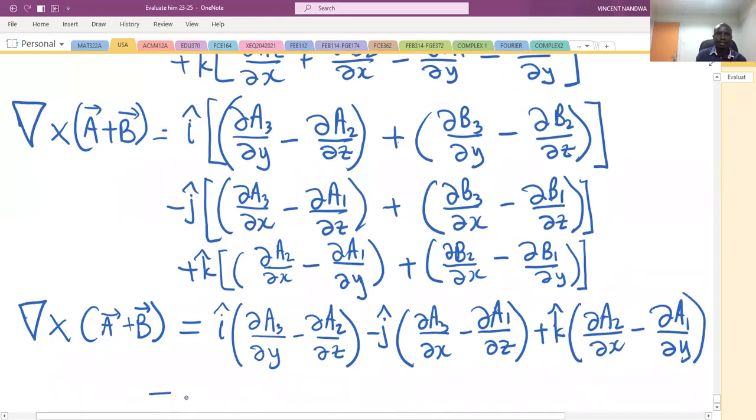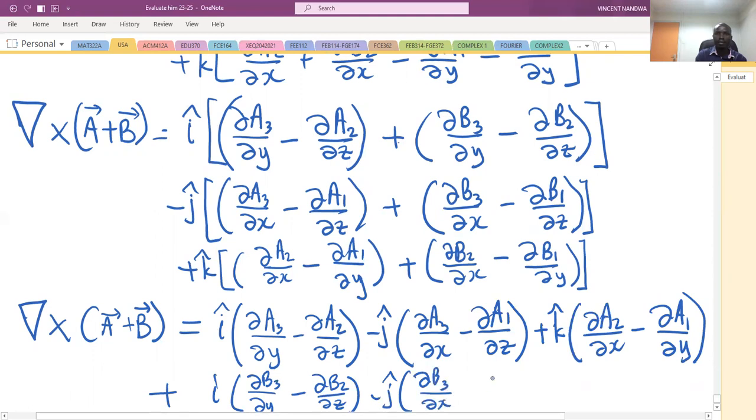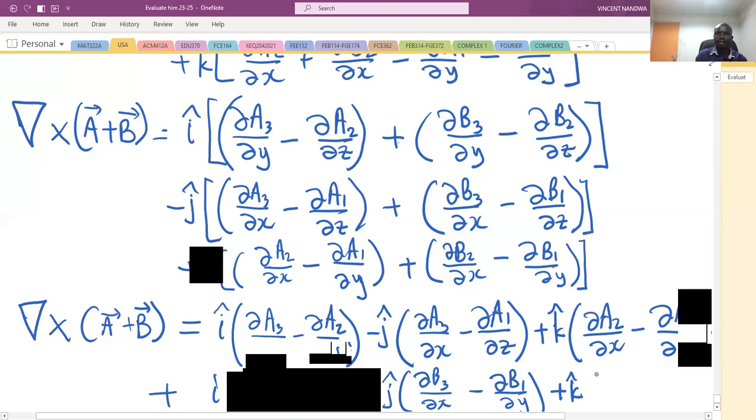And then plus i, now I'm picking for this, so partial B3 partial y minus partial B2 partial z, then minus j, partial B3 partial x minus partial B1 partial z, then come for k, plus k, partial B2 partial x minus partial B1 partial y.